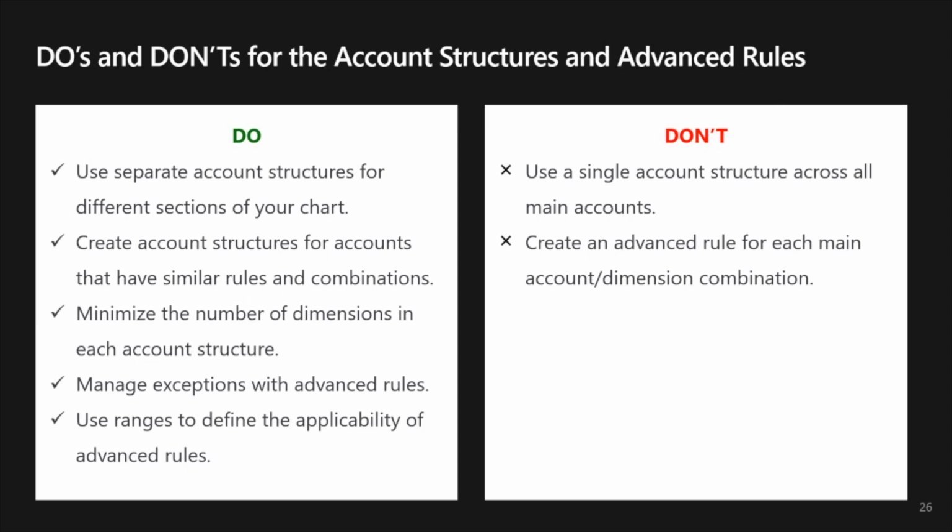And so my best recommendation to you is to actually not upgrade your account structures in your chart, and to actually re-implement them using the data entities, upload what you want and upload what makes sense for your organization.